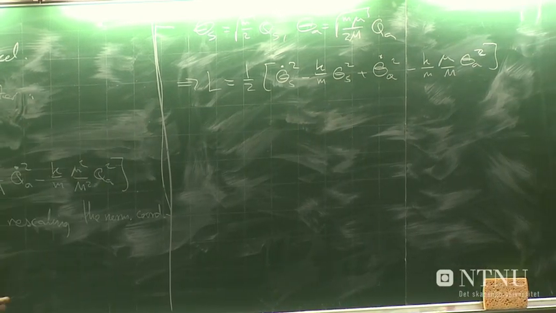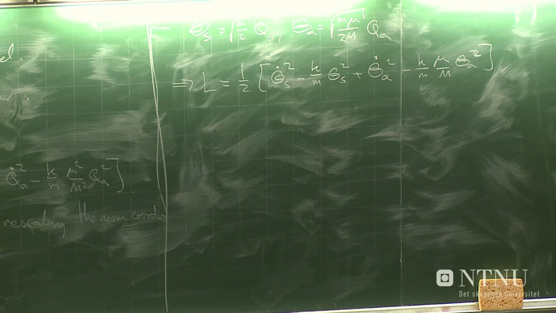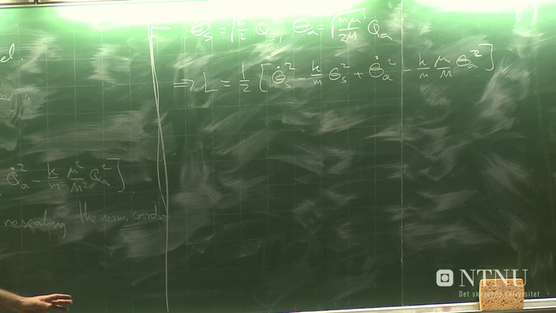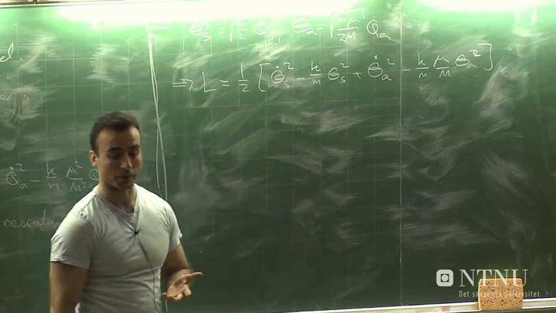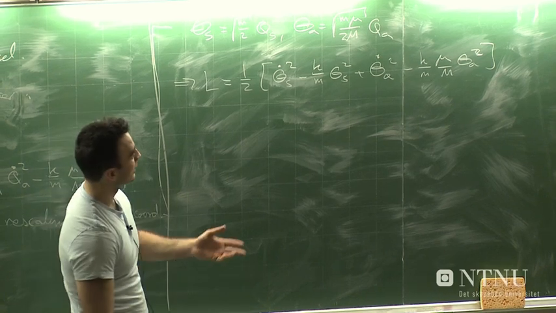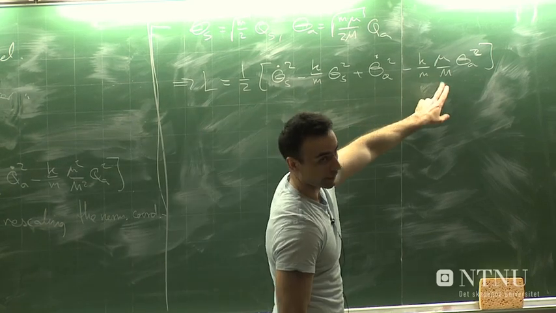Like this. So now we can not only find the solution for theta s and theta a immediately, but we also know what the eigenfrequencies are. This is the first eigenfrequency squared. This is the second eigenfrequency squared.